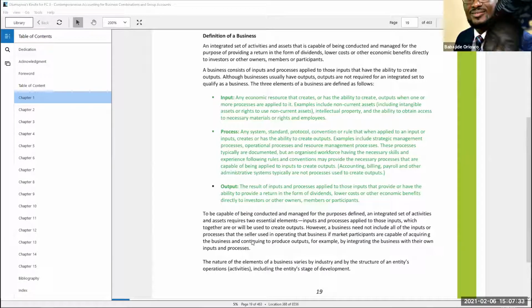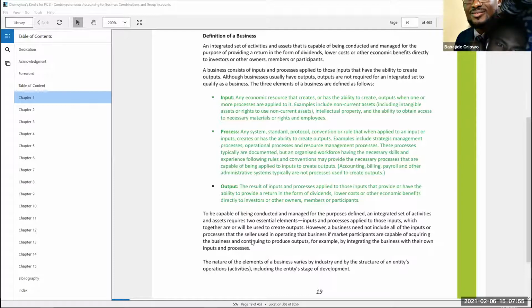Okay, we are waiting. Okay, I'm thinking from the definition, it must have economic resources. And part of the resources is the ability to obtain necessary materials, which is a training institute. So it has its materials, its resources.